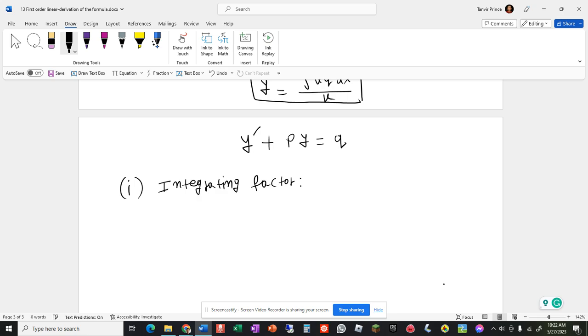The integrating factor we usually denote by the letter u or some other letter, but we're going to use u, and that is given by e to the power integral of p dx.